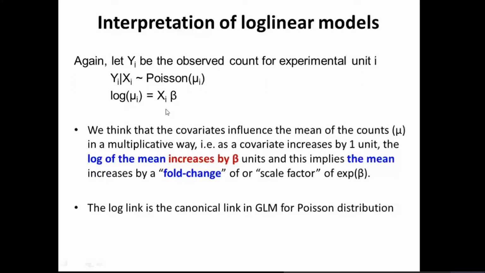So we think that the covariates influence the mean of the count in a multiplicative way.